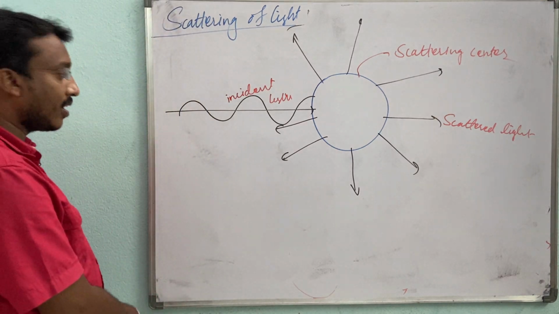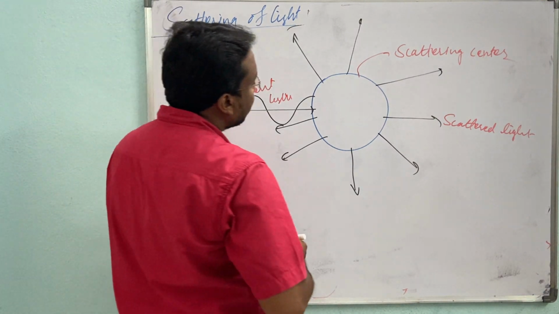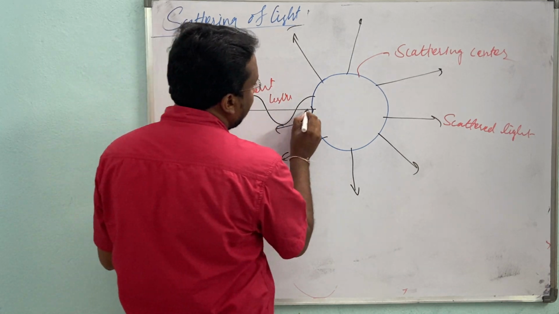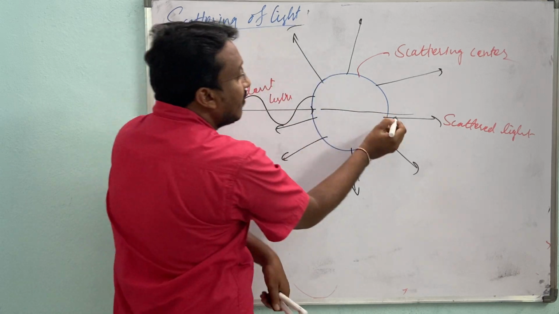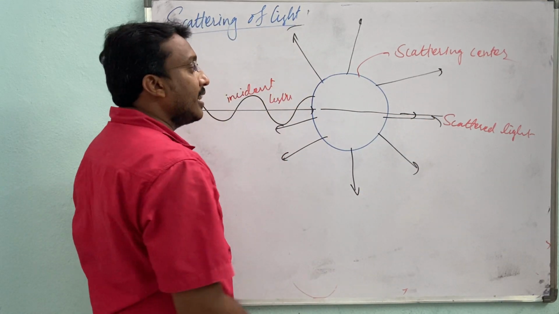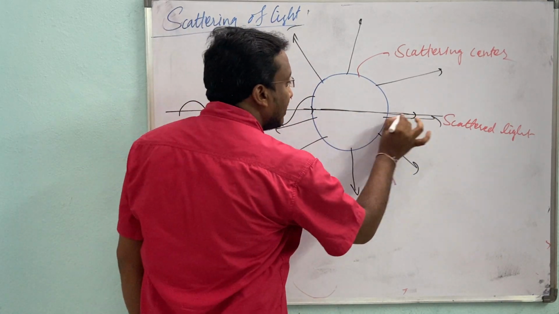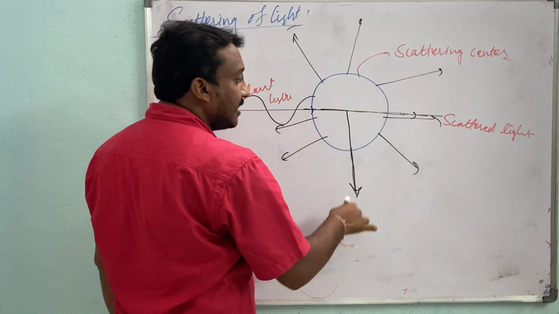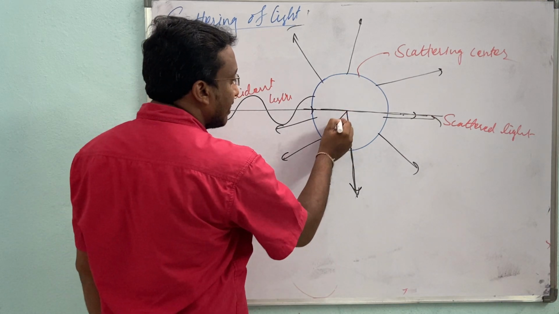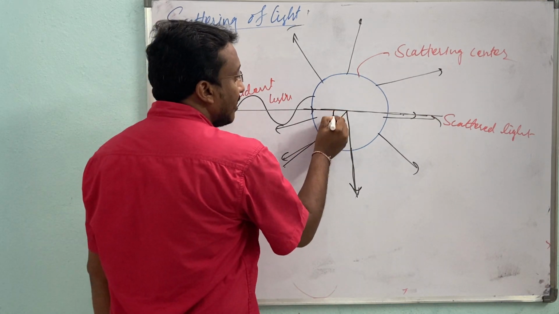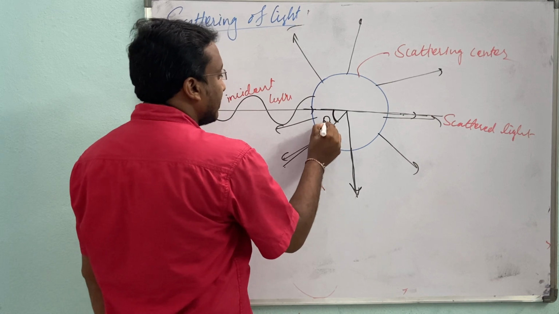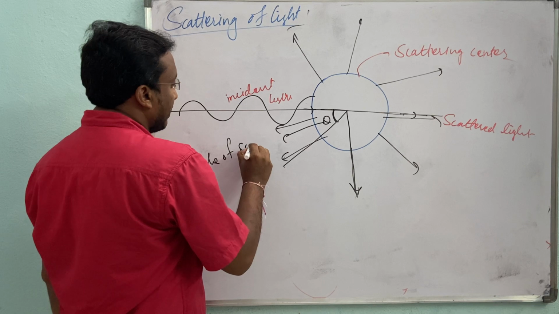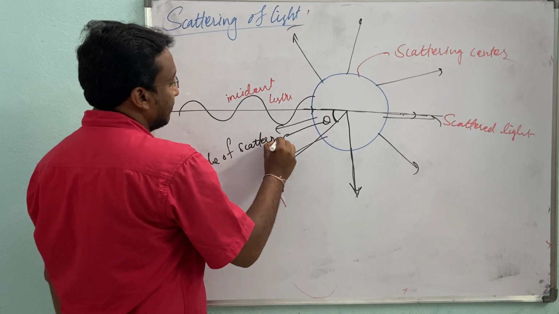Here the incident ray is traveling in this direction. The angle between the incident light and the scattered light, which is scattered in this direction, is called the angle of scattering.